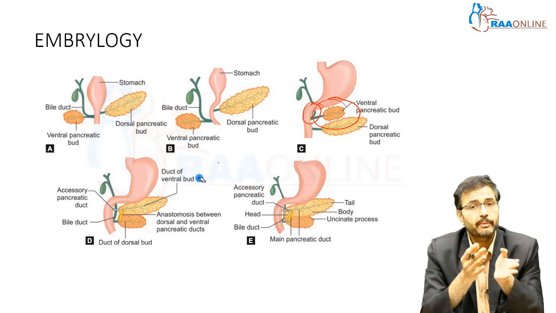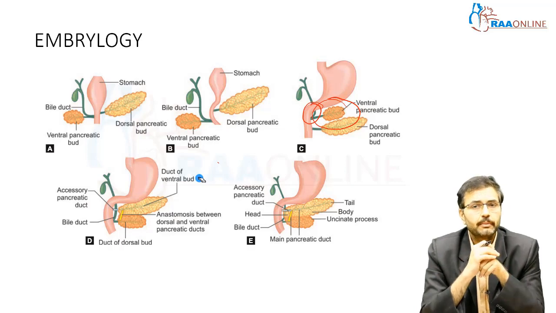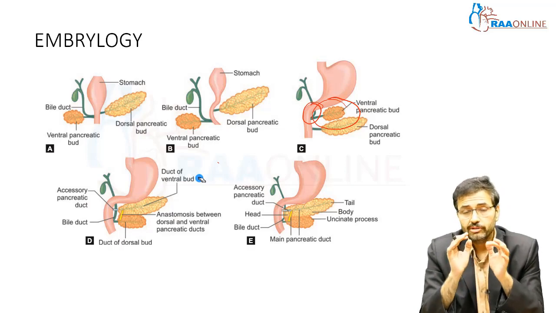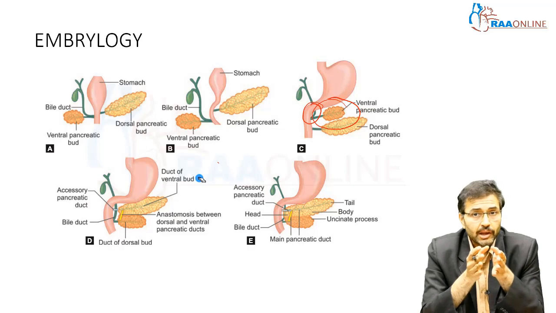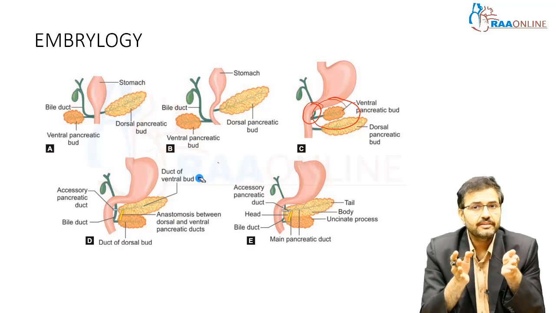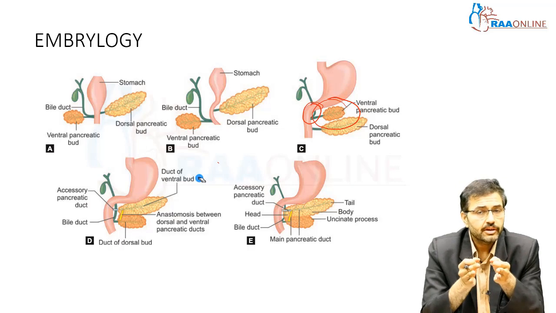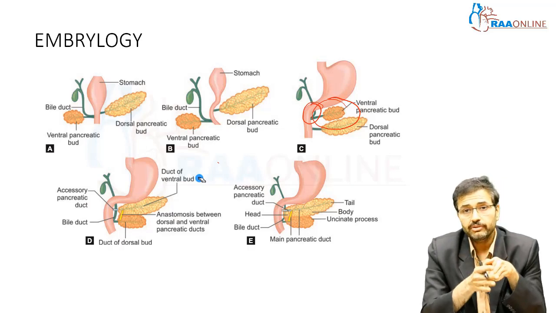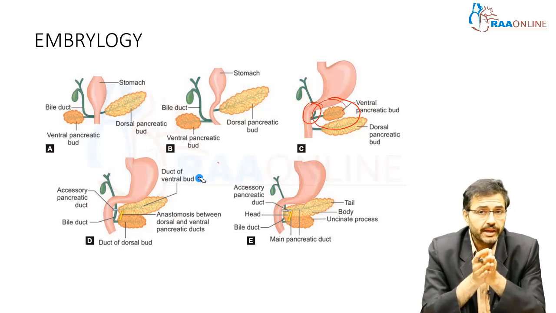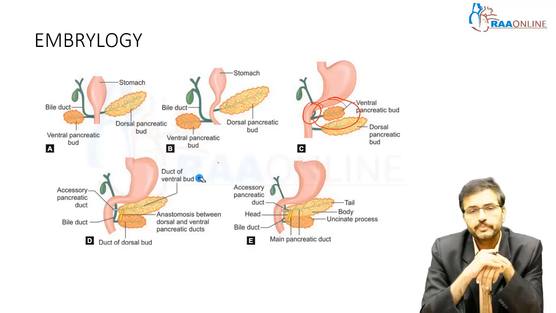It is larger in size when compared to the ventral pancreatic bud, and it elongates within the leaves of the dorsal mesentery of the duodenum, whereas the ventral pancreatic bud is located within the ventral mesentery of the duodenum.